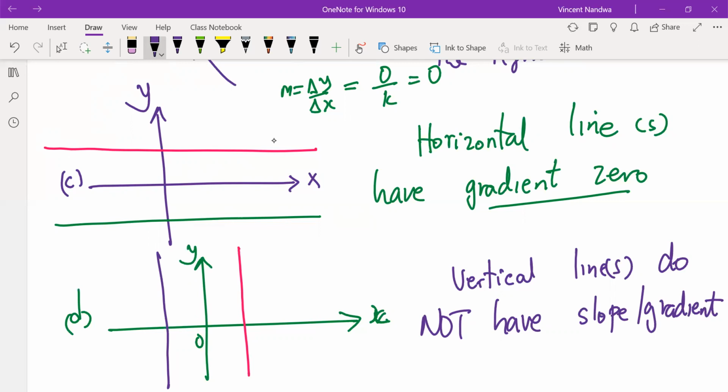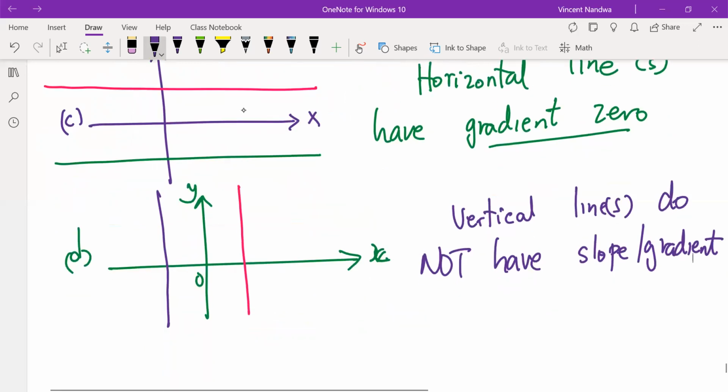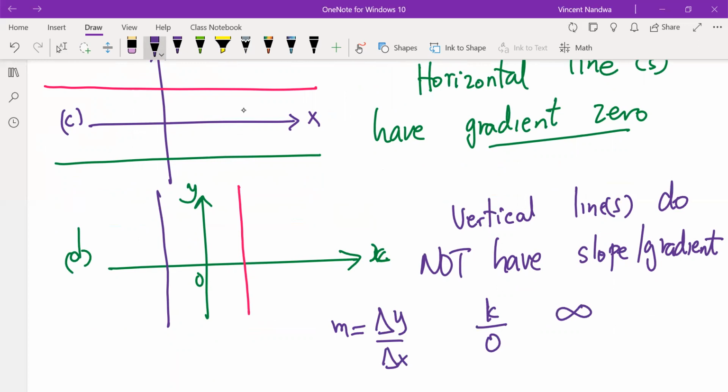Vertical lines have no gradient, because by definition, m is change in y over change in x. Change in y is some number, x is not changing, so this is undefined. This makes vertical lines have no gradient.